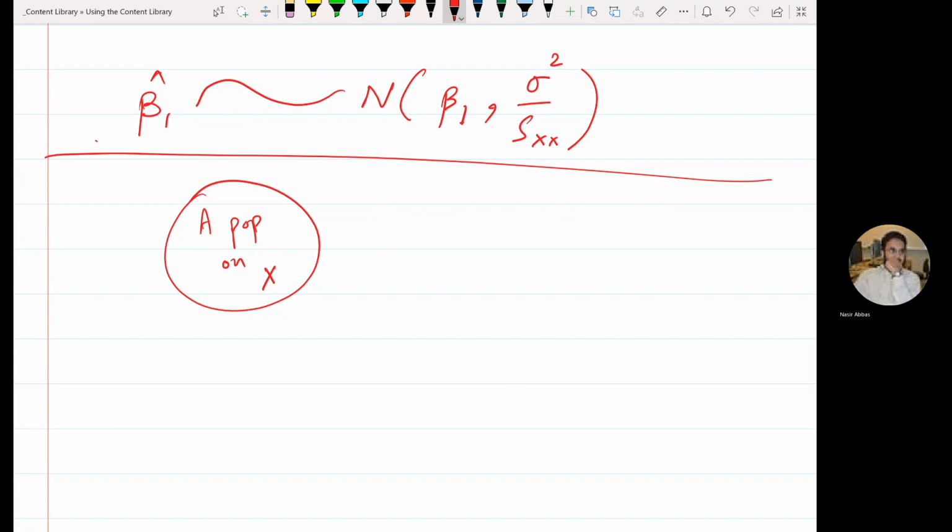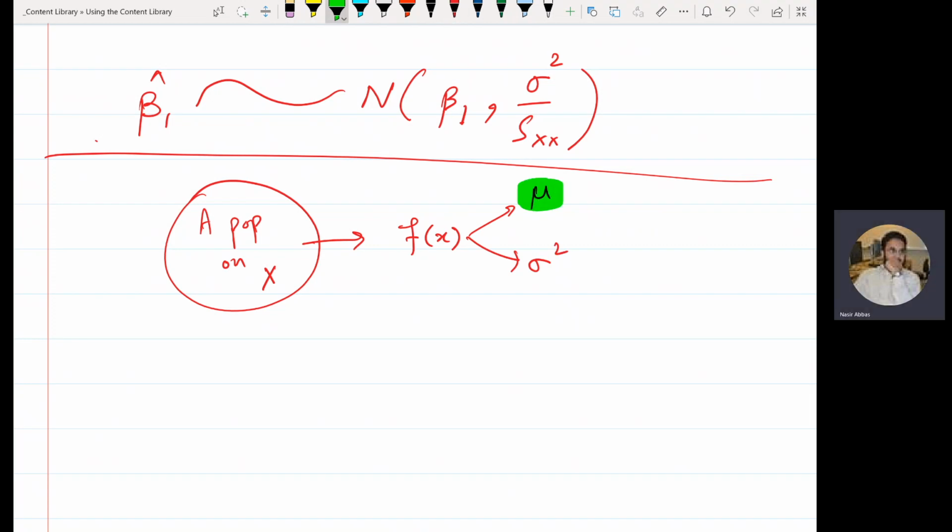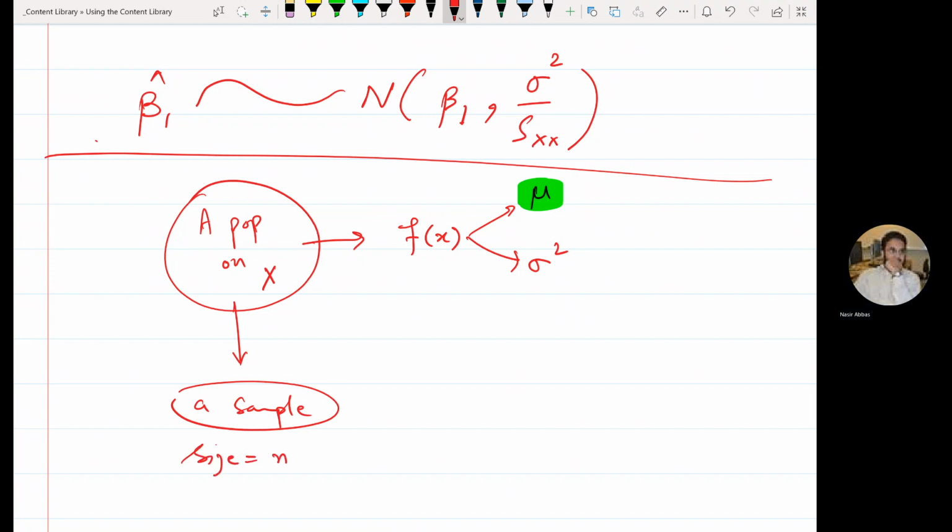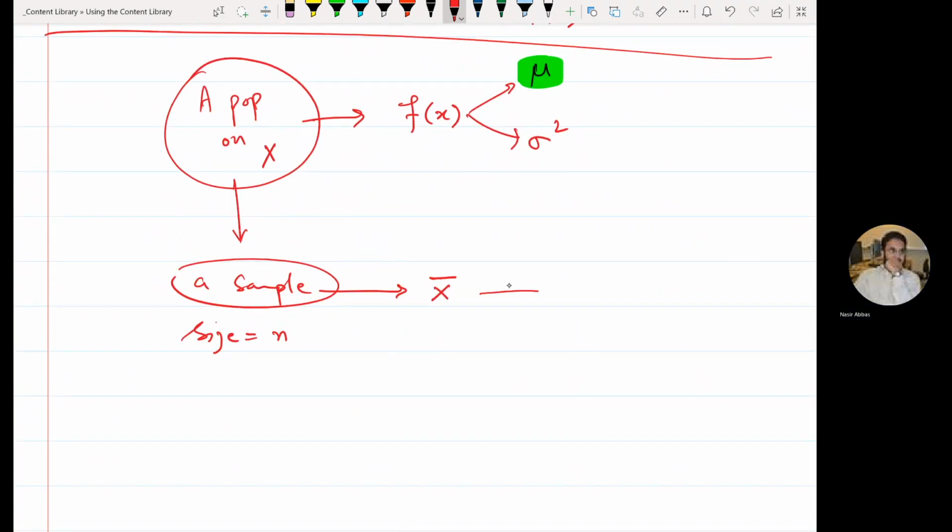This population is modeled with mean mu, and this is the parameter of interest. You take a sample of size n, and what do you calculate from the sample? X bar, which is point estimate of mu.